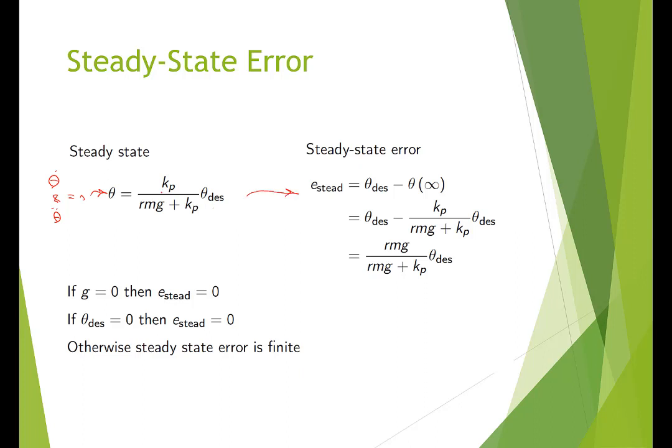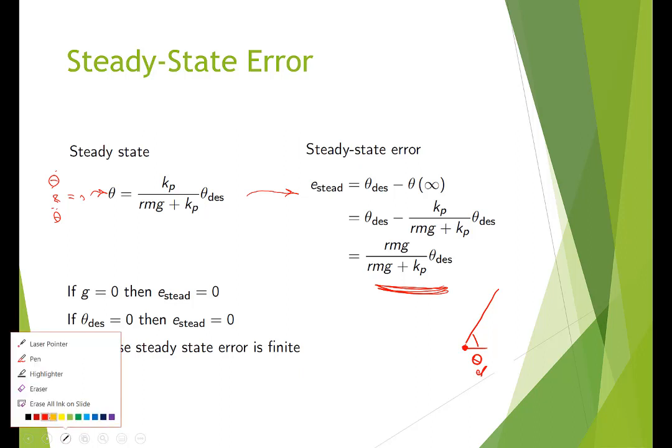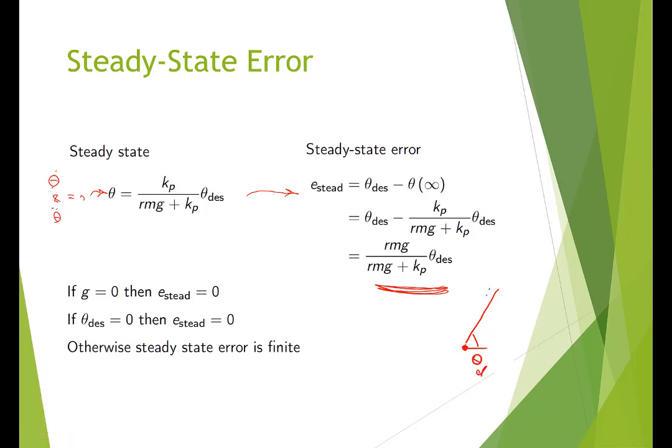This is our error. So the pendulum, we wanted it to go to theta desired, but it goes somewhere else. The difference in theta is given by this equation. So our error in moving the pendulum to where we want it is given by this equation.